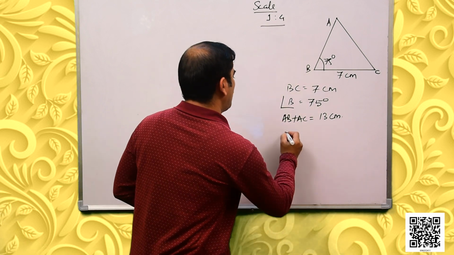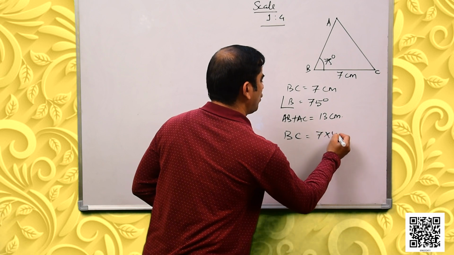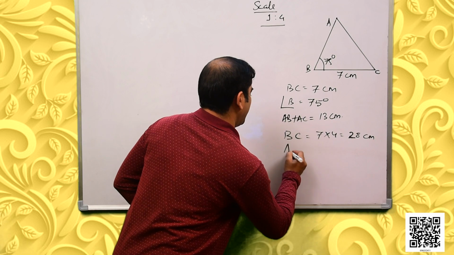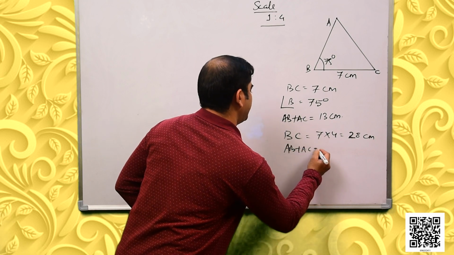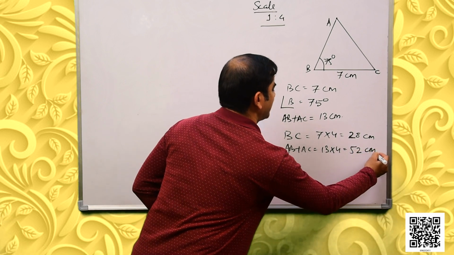That means BC will be 7 into 4, 28 centimeters, and AB plus AC is 13 into 4, that is 52 centimeters.